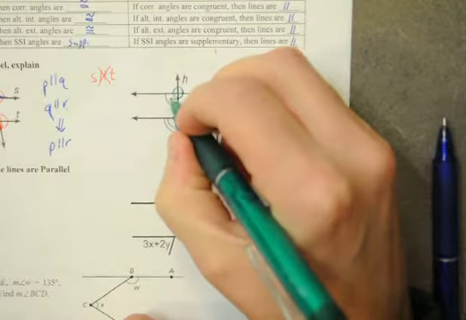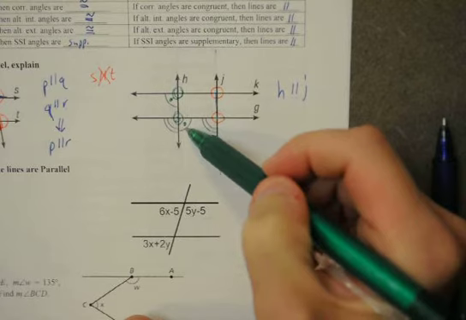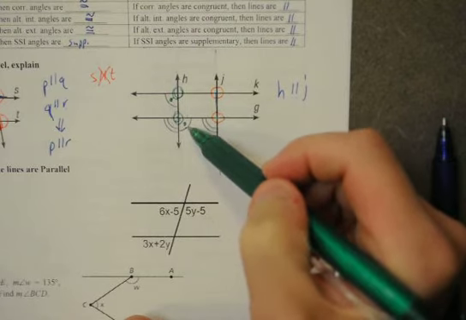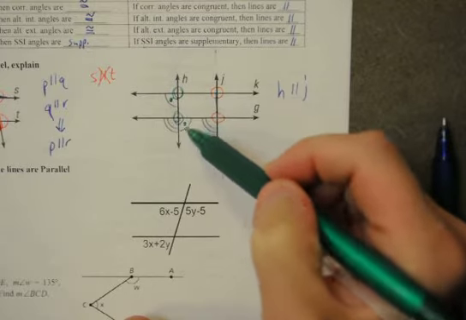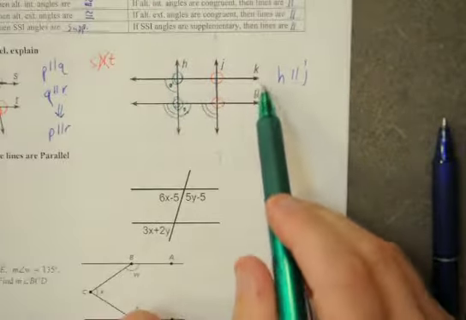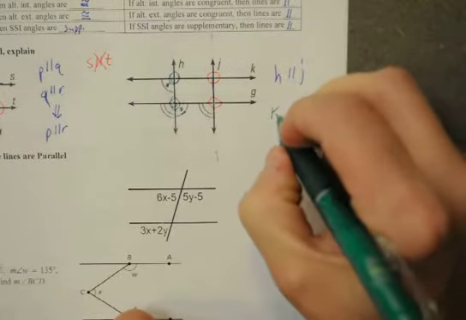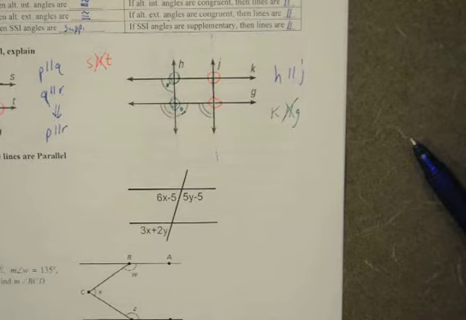Well, it said that this angle is congruent to that angle. Are these two angles corresponding? No. Are these two angles alternate interior? No. Are these alternate exterior? No. So even though they're congruent, they're not one of these things up here. So K is not parallel to G. I'll just cross it out. K is not parallel to G. Okay, next.